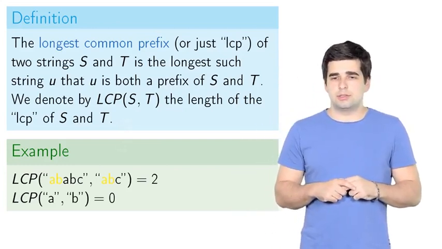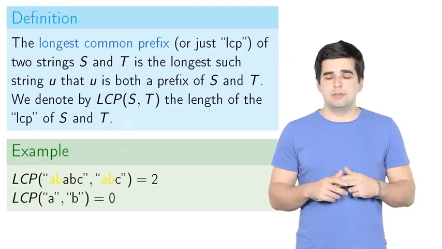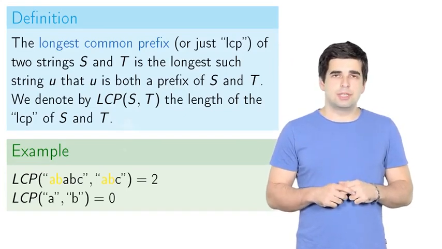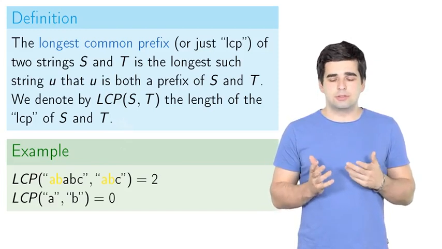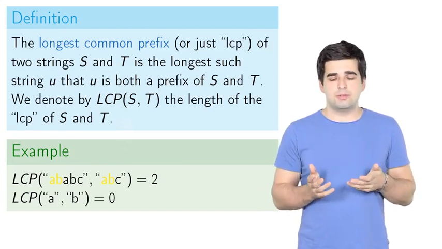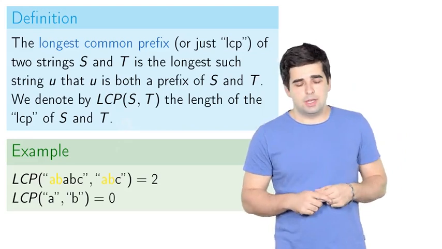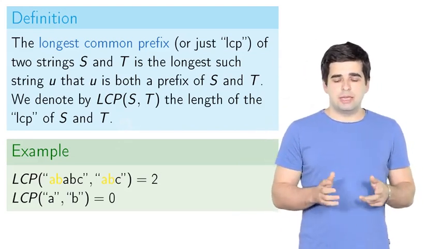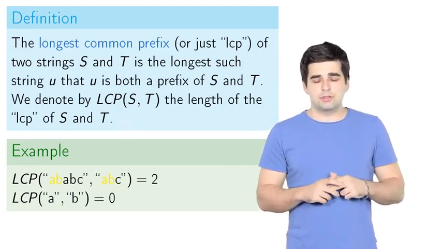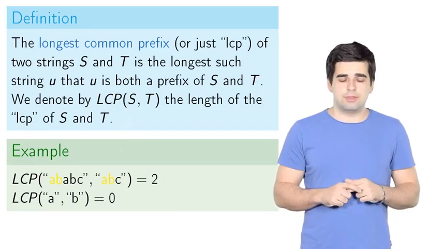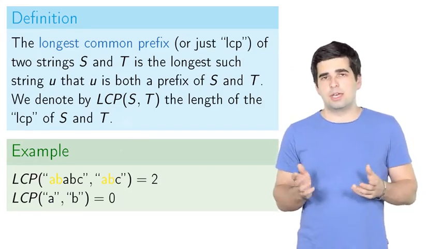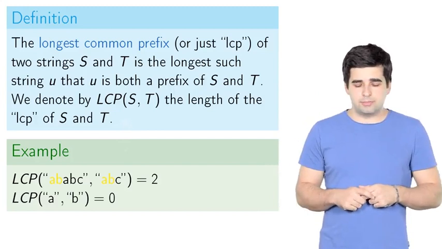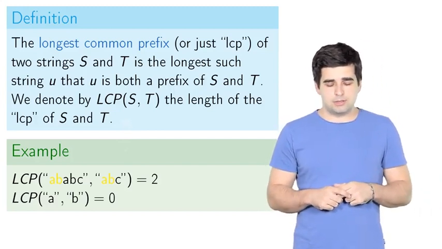And now we do just what we did in the example. We compare the classes of the current position and the previous position, and the classes of the starting positions of the second halves. If at least one of the halves is different, it means that the pair is different from the previous one, and we need to create a new class: increase the current class by 1 and assign it to the current position.